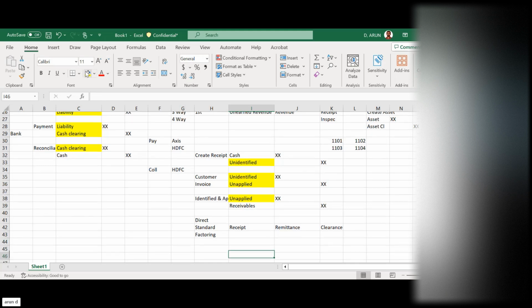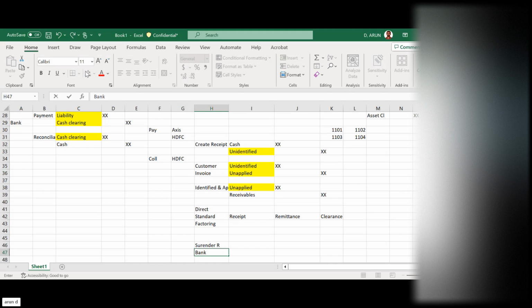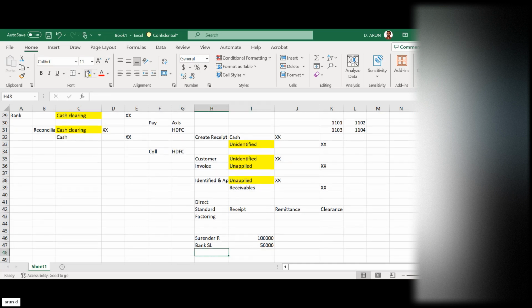So what will happen is that I will surrender the receipt and the bank is going to give, let's say, a short-term loan. The bill amount is 1 lakh. The bank is not going to give the entire 1 lakh. Let's say it is partial, so 50,000. So 50,000 is the short-term loan that I received from the bank. Now the due date has arrived and the bank has received, let's say, 1 lakh rupees.